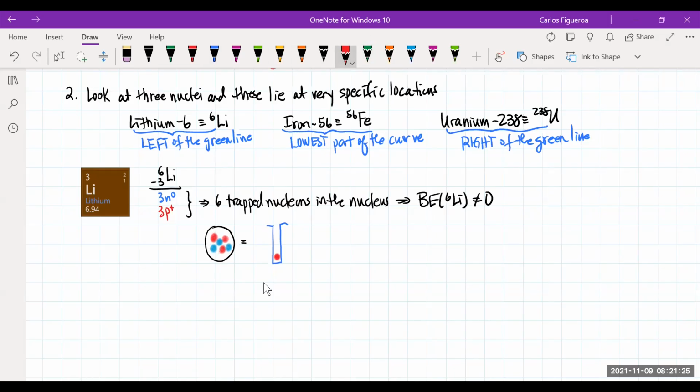There's the trapped nucleon right there. So when I look at the depth of this well, if you want to make it escape, pull it out of the nucleus, you need about 5.5 MeVs of energy. Now remember, those units of energy don't mean anything, but that's what it means.